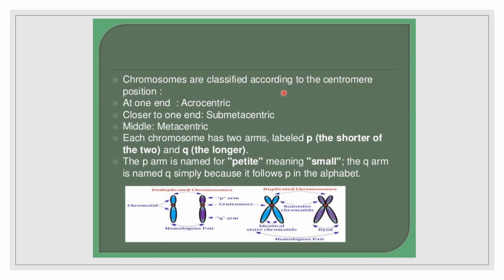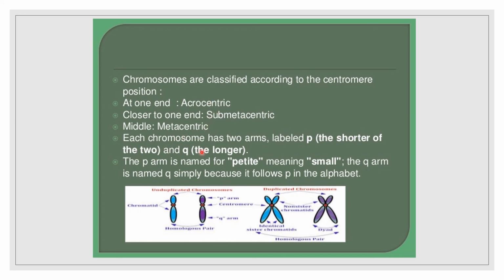As already mentioned, there are different types of chromosomes based on the position of the centromere. If the centromere is present at one end of the chromosome, it is acrocentric. If the centromere is present closer to one end, it is submetacentric. If the centromere is present in the middle, it is called metacentric. That's the difference between the three.